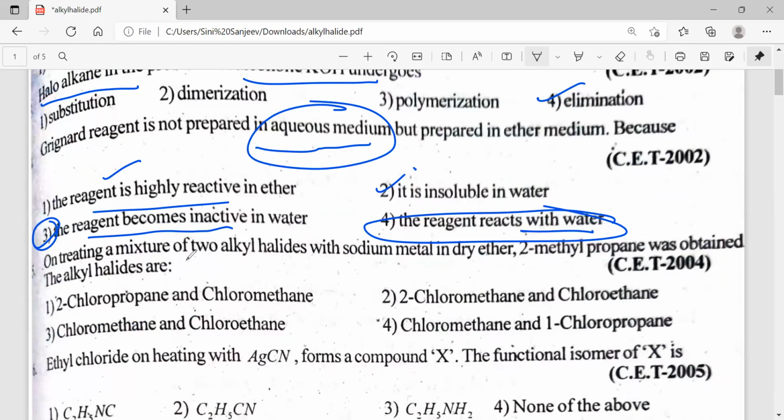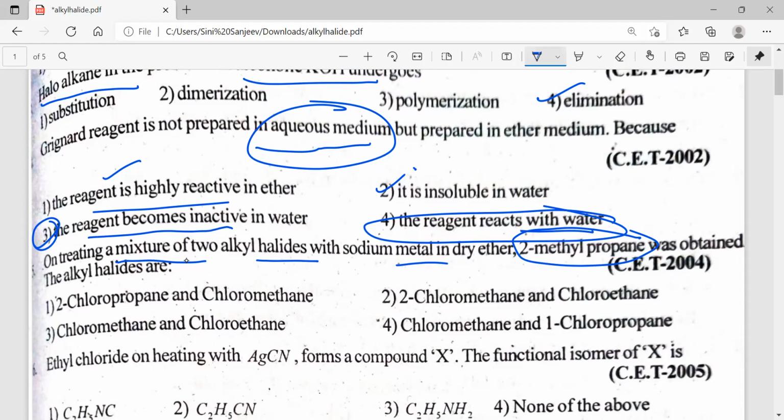Next one. This is again a direct question. The fifth one. On treating a mixture of two alkyl halides with sodium metal in dry ether, 2-methyl propane was obtained. They are asking which alkyl halides are used to get 2-methyl propane.